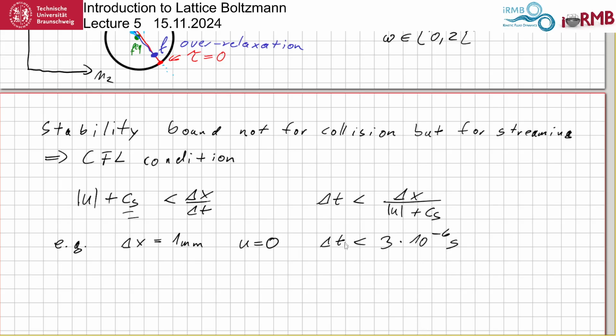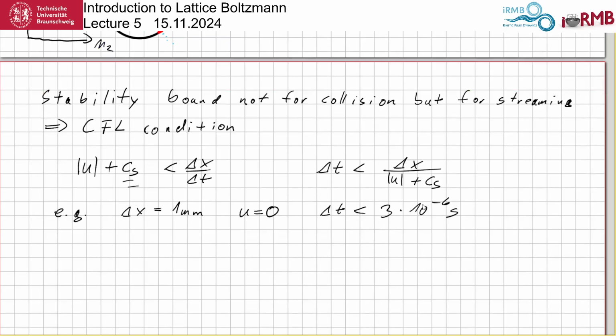But this also implies that we are stringent with the speed of sound, which very often in practice we are not. What we can also do is rescale the Mach number.